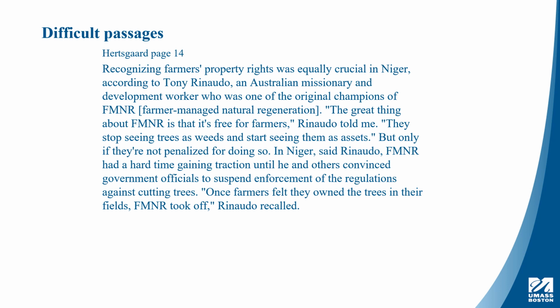In Niger, said Rinaldo, FMNR had a hard time gaining traction until he and others convinced government officials to suspend enforcement of the regulations against cutting trees. 'Once farmers felt they owned the trees in their fields, FMNR took off,' Rinaldo recalled."